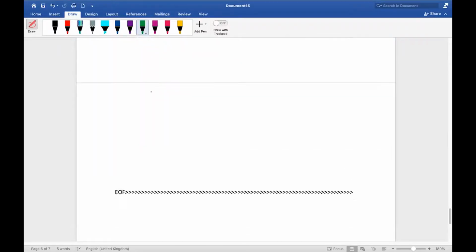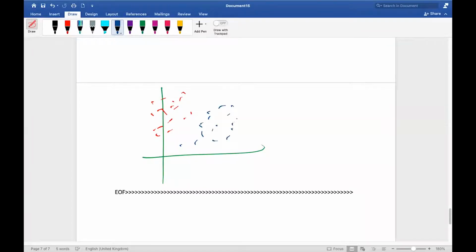What if I talk about low gamma? The same data points which I considered. Now the margin and the support vectors will be based on distant points. So it will consider the distant points also, not all of them.